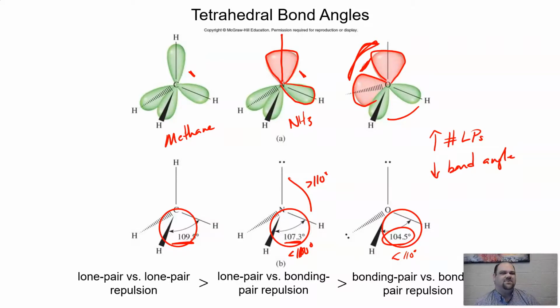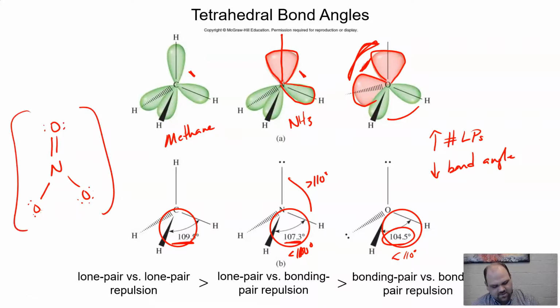This is also true for double or triple bonds. Going back to our example of nitrate, here's our Lewis structure for nitrate. It turns out that instead of all of these being 120 degrees for a trigonal planar, this bond is a little bit more than 120 degrees because that double bond repels that single bond a little bit, and these is a little bit less than 120 degrees.